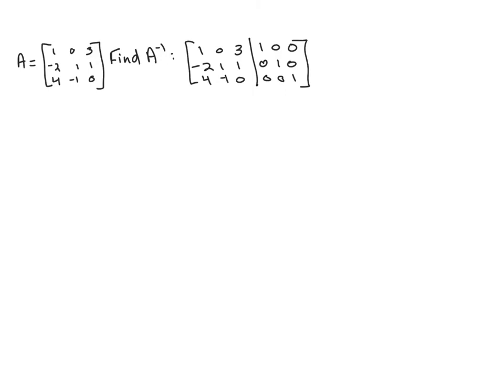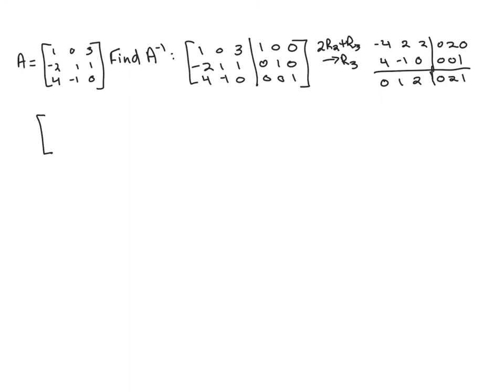So let's start with the bottom number. I'm going to take twice row 2 plus row 3, and I'm going to replace row 3. And here's my busy work. Twice row 2 gives me -4, 2, 2, 0, 2, 0. Row 3 gets copied the way it is. When I combine those guys, I get a new row 3: 0, 1, 2, 0, 2, 1.